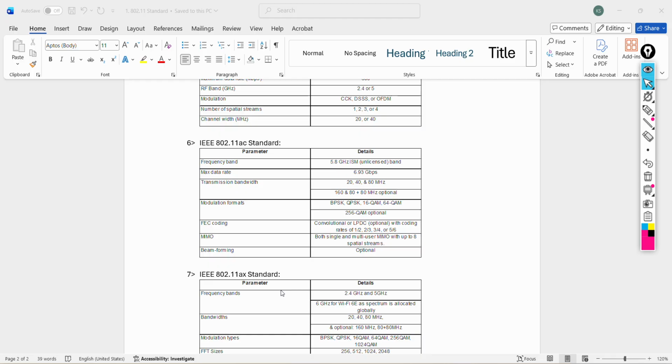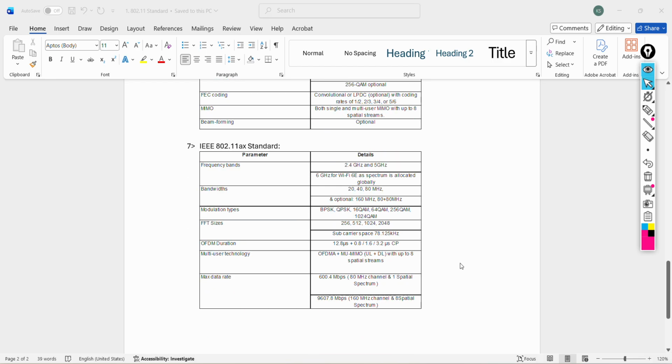The modulation formats it supports are BPSK, QPSK, 16 QAM, 64 QAM, and 256 QAM. It supports multi-user MIMO with up to 8 spatial streams. We will also discuss MIMO and multi-user MIMO later in this course.